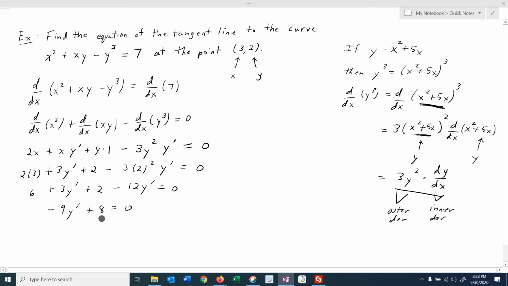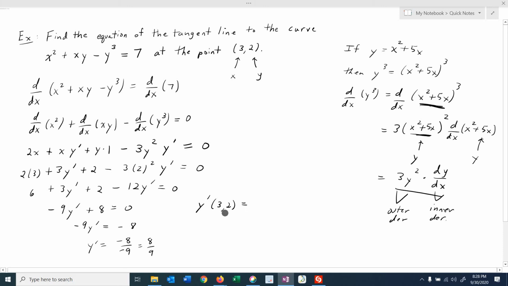Okay, and then let's just solve for y prime. Subtract the 8 over to the other side, and then divide both sides by negative 9. Okay, so y prime is 8/9. Now, technically, this is y prime evaluated at this particular point.